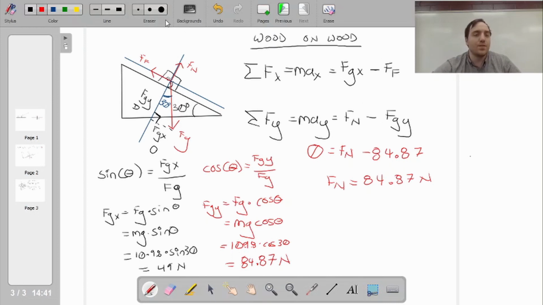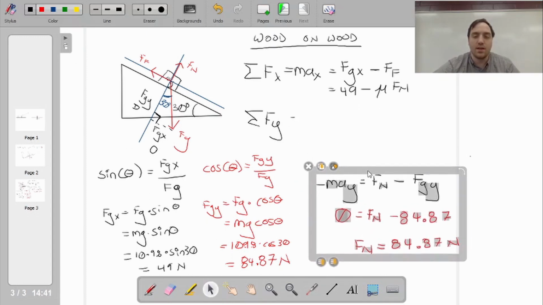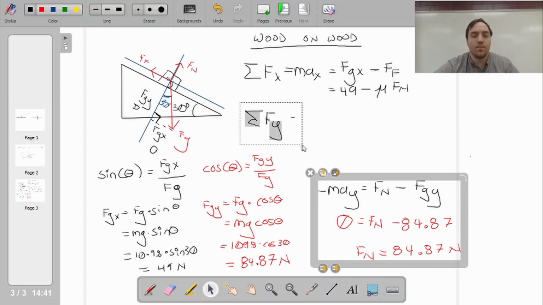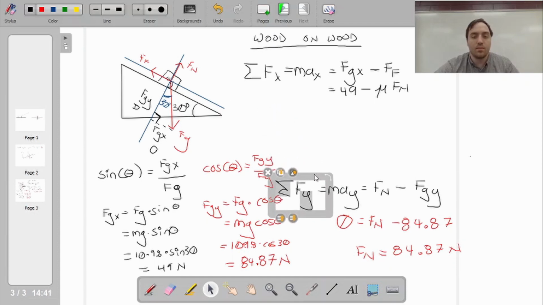Up here, Fgx is this 49, and then minus my frictional force, which is mu times Fn. If I go ahead and drag this down so it's out of the way, if I go ahead and plug in the values, wood on wood, I go look at my handy dandy table, my reference chart will tell me that this is 0.62.